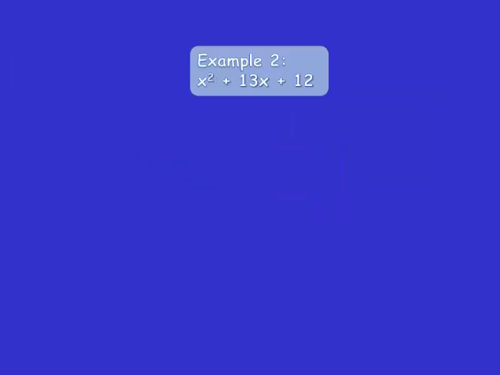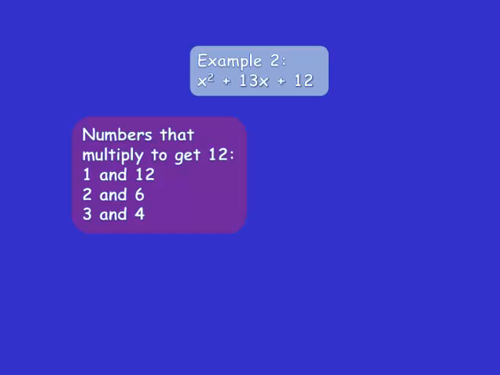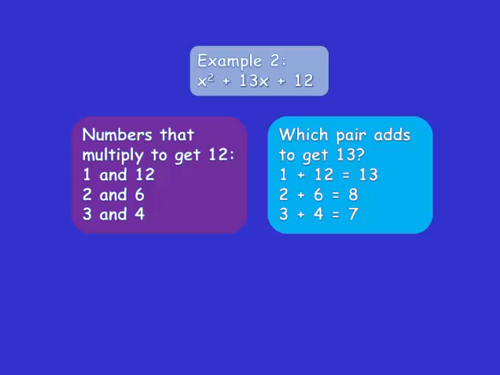Example 2. X squared plus 13x plus 12. First, find numbers that multiply to get 12. Remember that any number can have 1 times itself as a pair. 1 and 12, 2 and 6, 3 and 4.